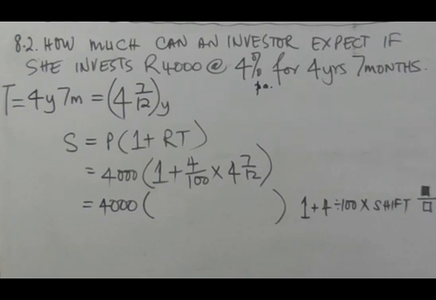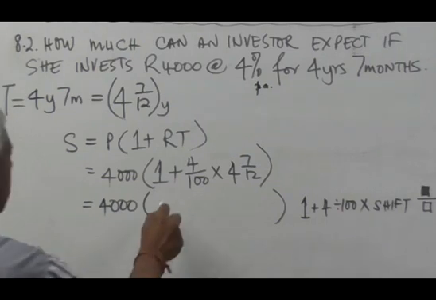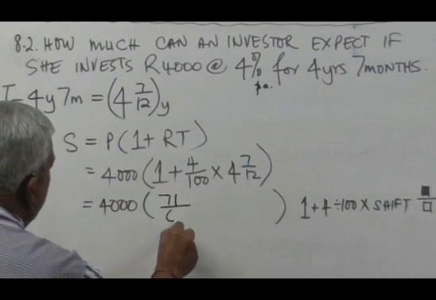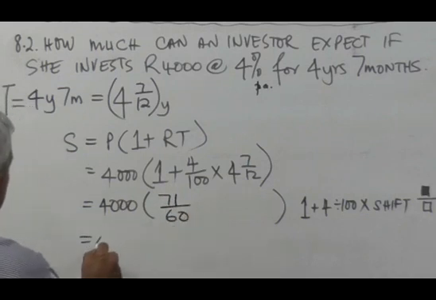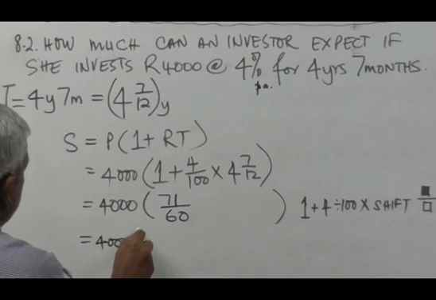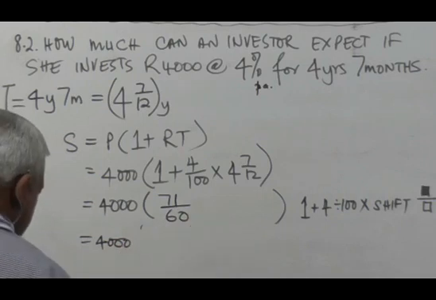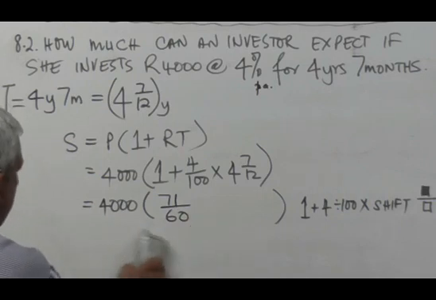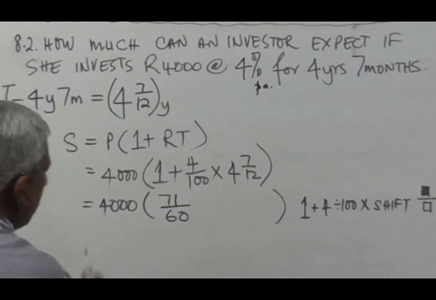Put in the 4, go up, and put in the 7, then come down, put in the 12, then go out, and then press the equal to sign, and you will get 71 over 60, which is equal to 4,000. Well, now that you've got 71 over 60, you can multiply this now in the calculator.